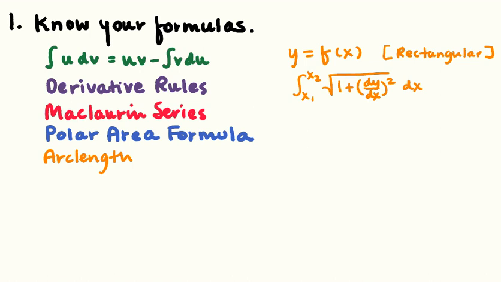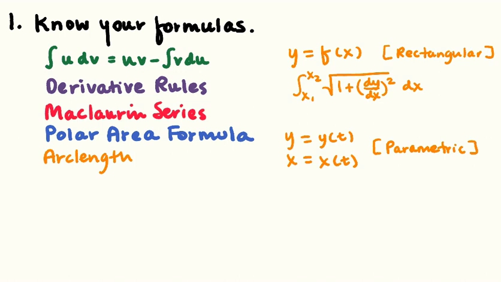But if it's given parametrically, where y equals some function of time and x is some other function of time, yeah, I guess rectangular wasn't exactly what I meant. I think I meant maybe explicit or something like that, because rectangular is usually as opposed to polar or some other spherical type of coordinate system.